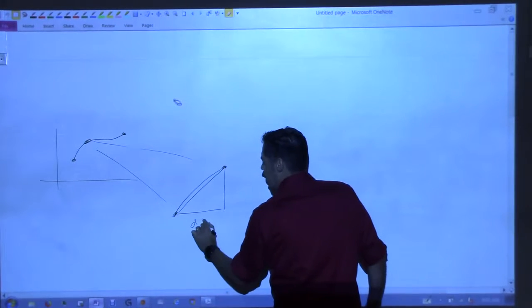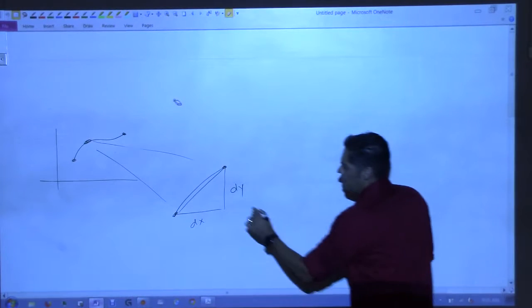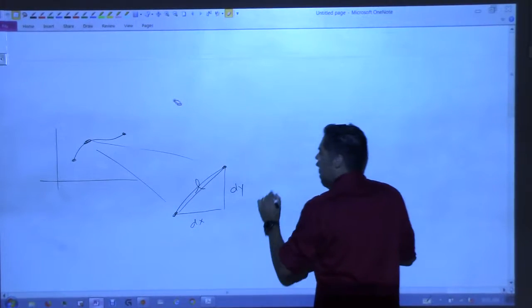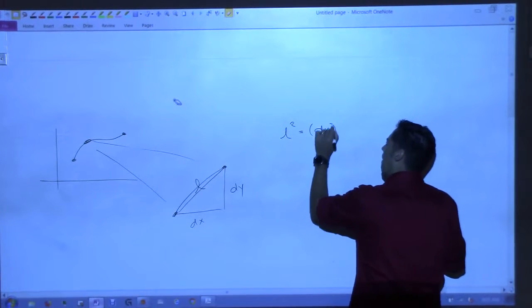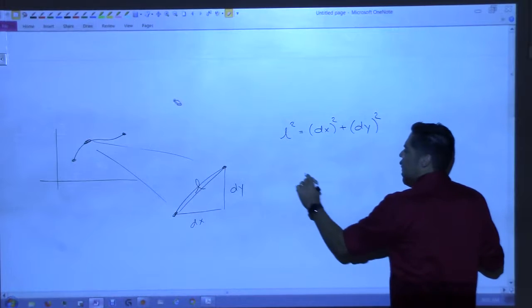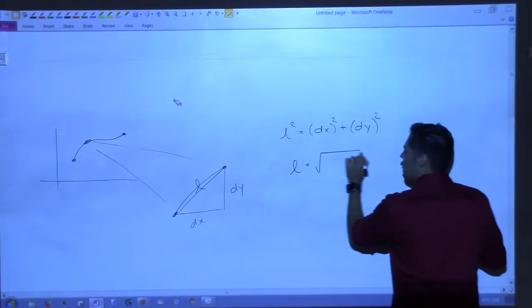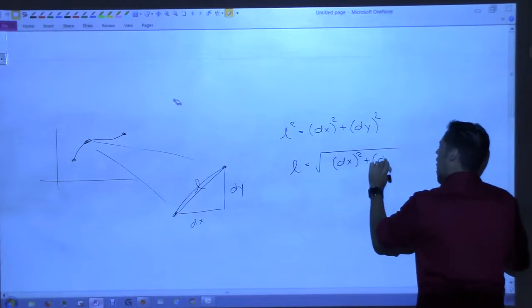We called this dx, we called this dy, and we called the side that we're trying to find L, and we said that L squared was equal to dx squared plus dy squared, right? And then we solved for L by taking the square root.